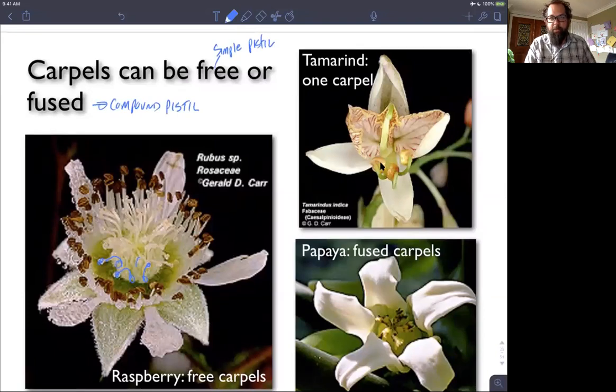Here's a tamarind. This is in the legume family. And we see one simple pistil, one made up of one carpel. And then papaya, an example of a fused, a compound pistil, where we have one ovary and we've got these 5 separate styles and stigmas, so that's 5 fused carpels.